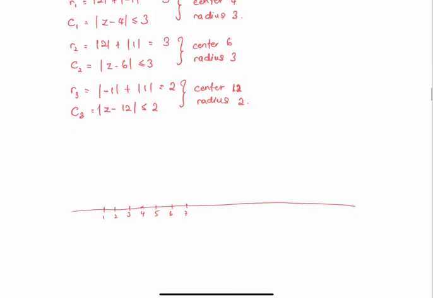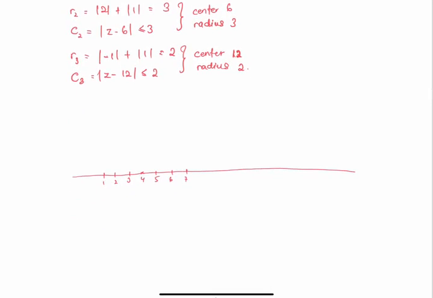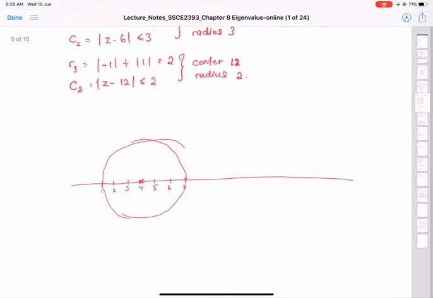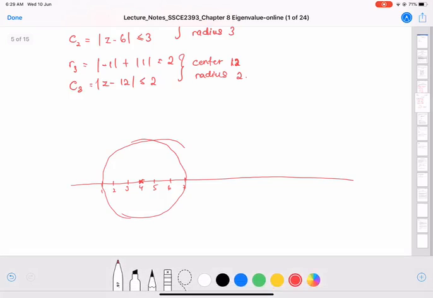So the first circle is center at 4 with radius 3. So that we will have like this. And for the second one, I'm sorry, my drawing is bad.